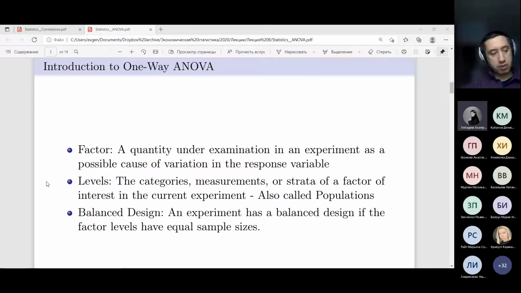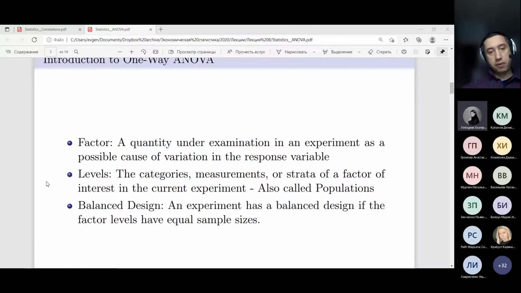For example, if our variable is binary and it takes 1 if a person is self-employed and 0 if a person is a paid worker, levels are self-employed and paid worker. For sure, we can work with 3 levels, for example, self-employed, paid worker, and unemployed, and so on.